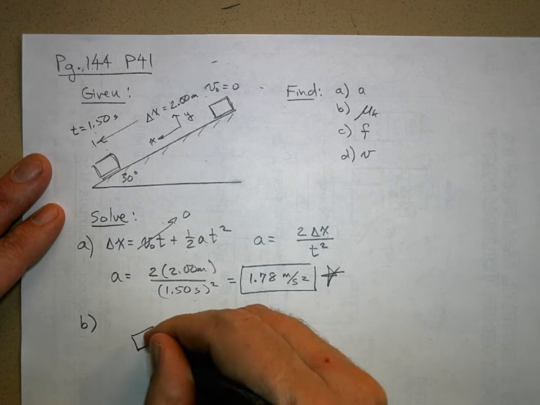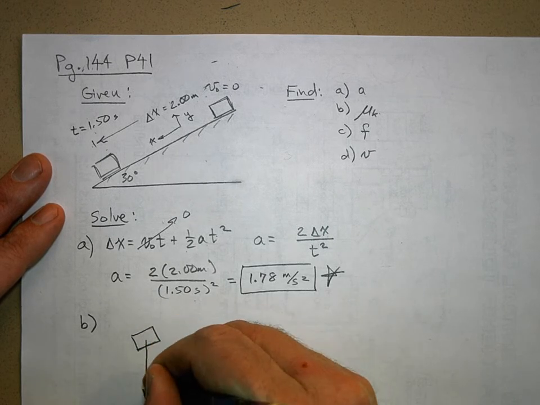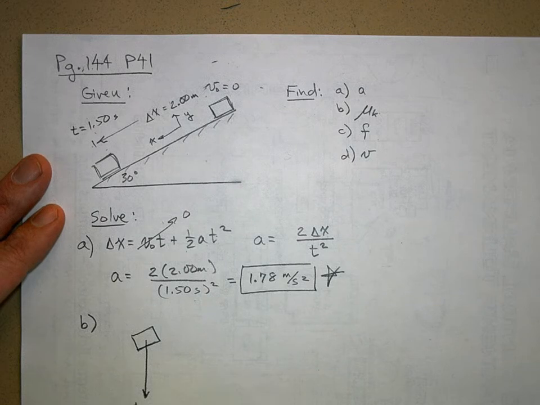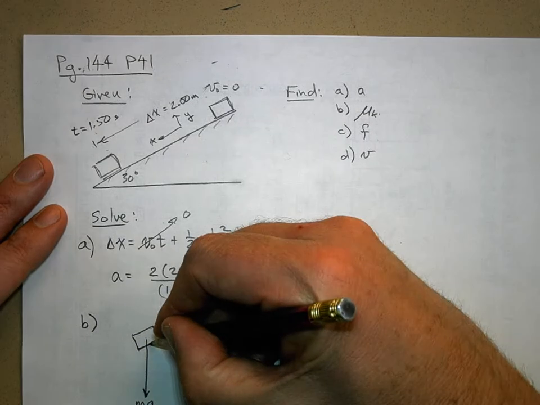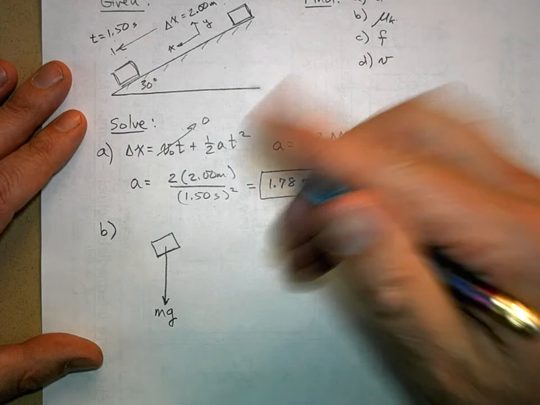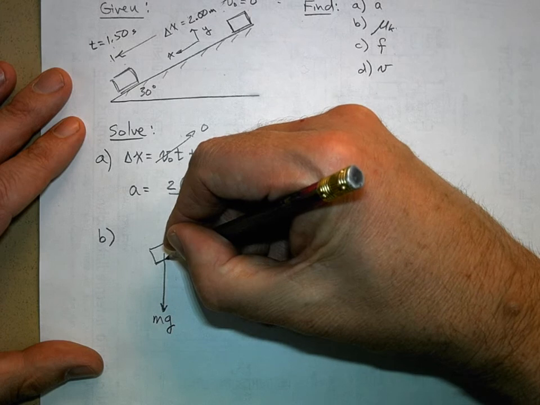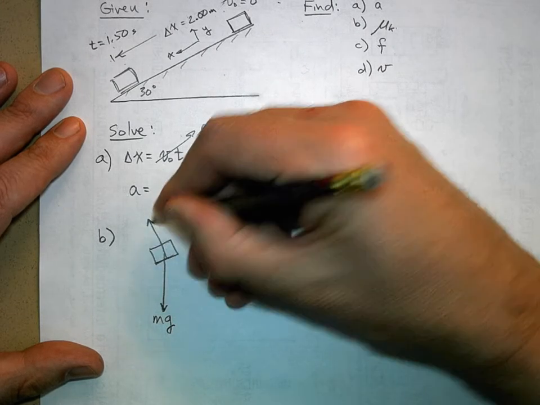Here's my crate. And of course, gravity pulls it straight down. And then we have a normal force like that.